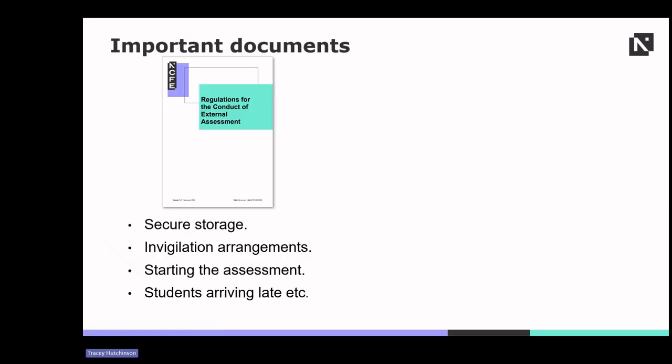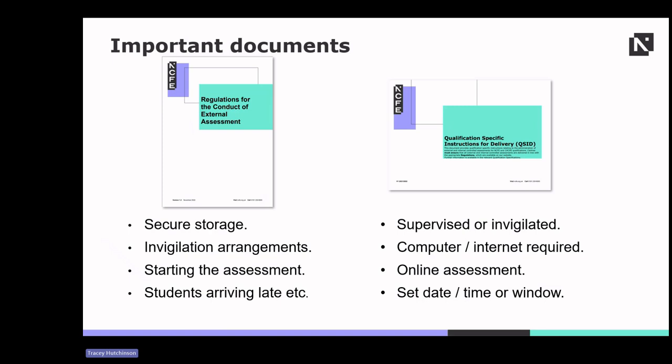The regulations for conduct of external assessment contain generic instructions for assessment, such as secure storage, invigilation arrangements, starting the assessment and students arriving late, for example. And the QSID breaks down requirements for each assessment in each qualification, such as whether it is supervised or invigilated, whether a computer or internet is required, whether there's an online assessment available, and even the date and time or window.